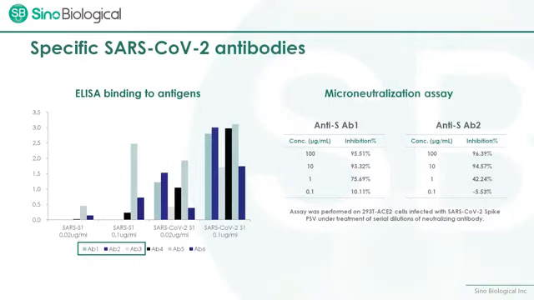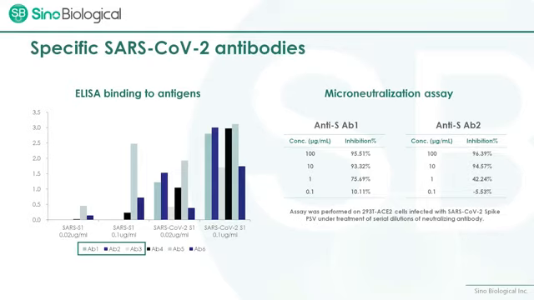So this is just one of the results we obtained for these new antibodies. There are 6 antibodies, and we are testing the interaction by ELISA with SARS spike proteins or SARS-CoV-2 spike proteins at 2 different concentrations of the antigen.